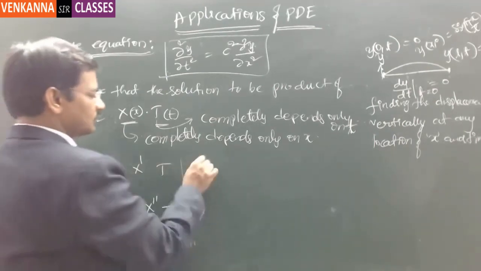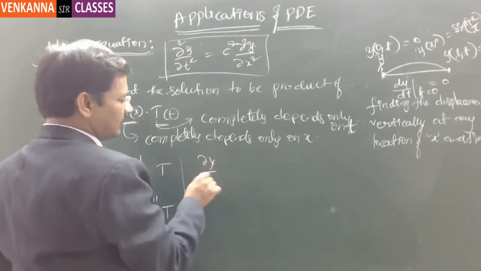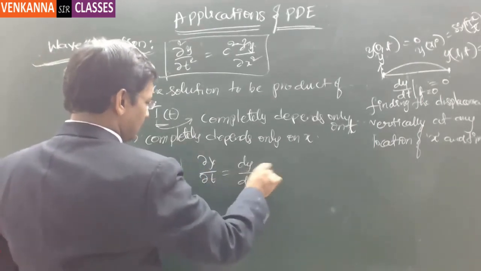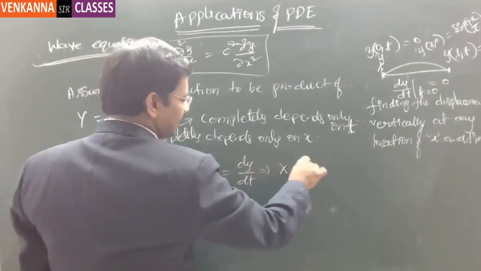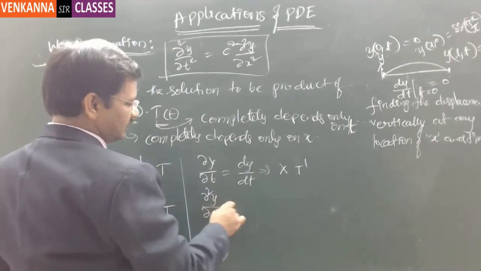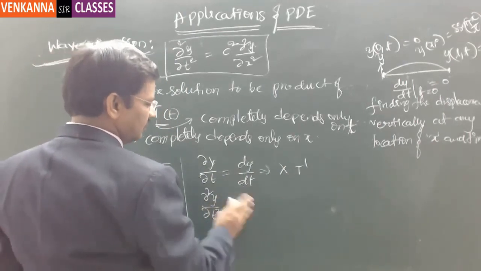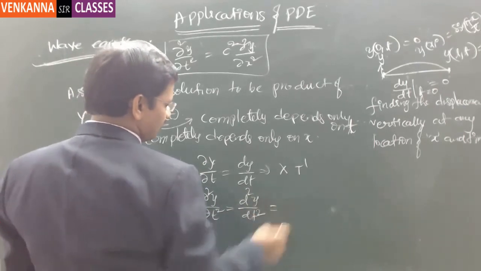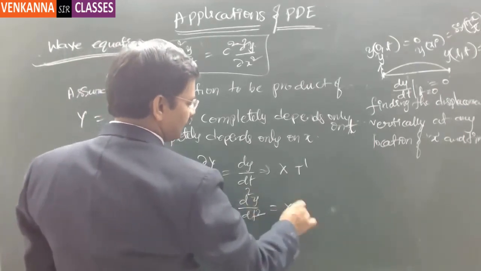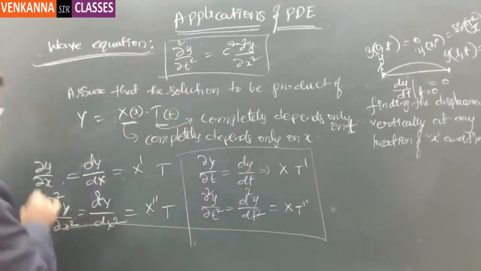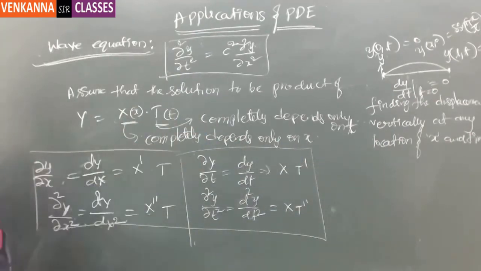Similarly, dou y by dou t is equal to dy by dt is equal to X into T dash. Similarly, dou square y by dou t square, that is d square y by dt square, is equal to X into T double dash. So these are the fundamental equations which will govern the differential equation.